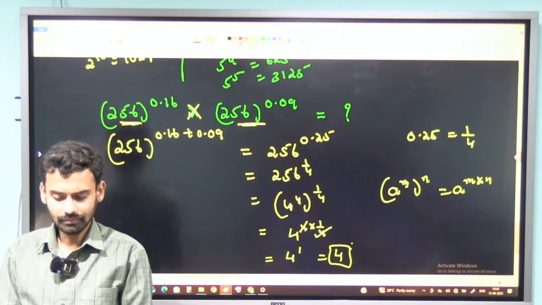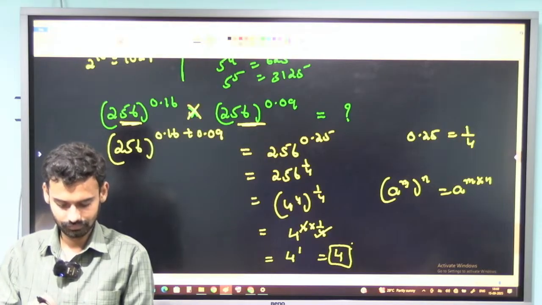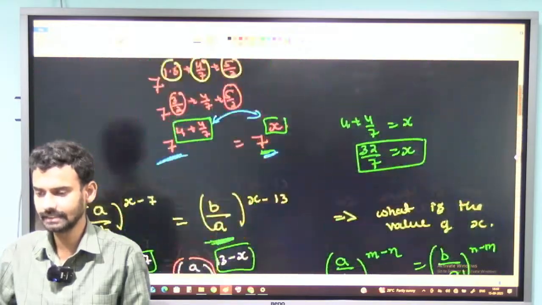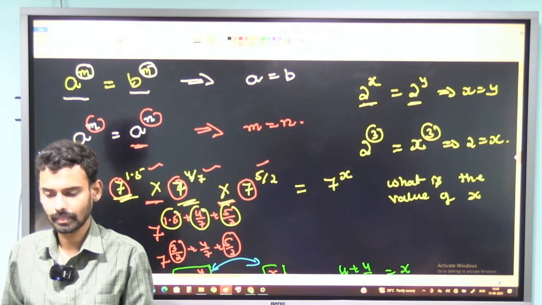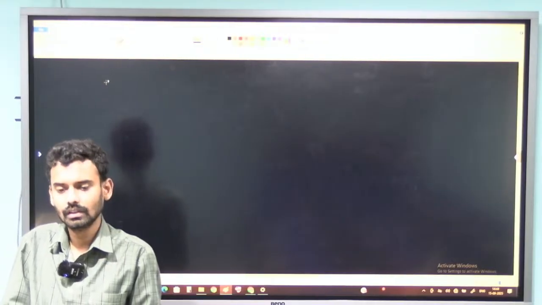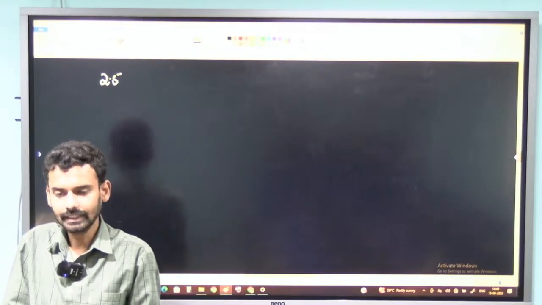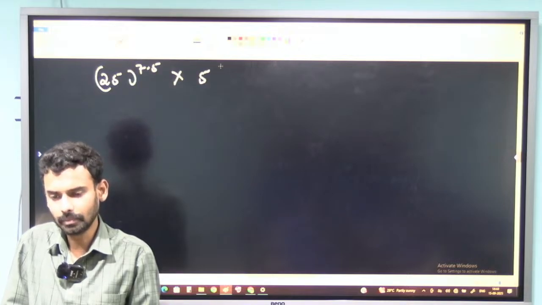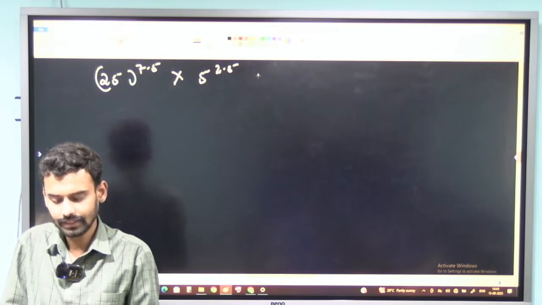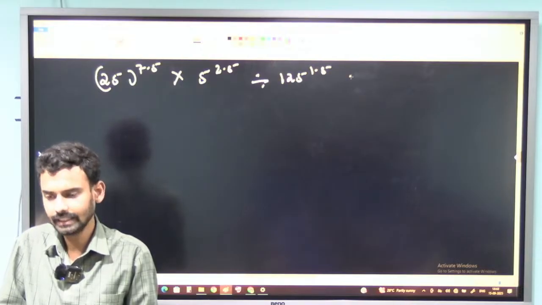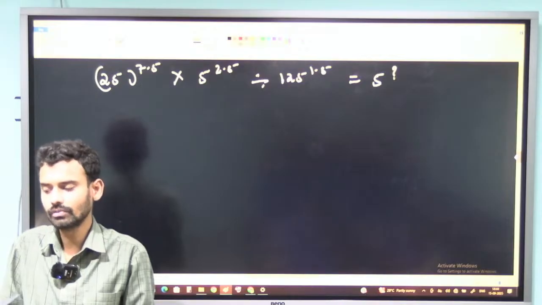Considering the next question. Okay, if the question is like this, 25 to the power of 7.5 into 5 to the power of 2.5 divided by 125 to the power of 1.5 is equal to 5 to the power of question mark.